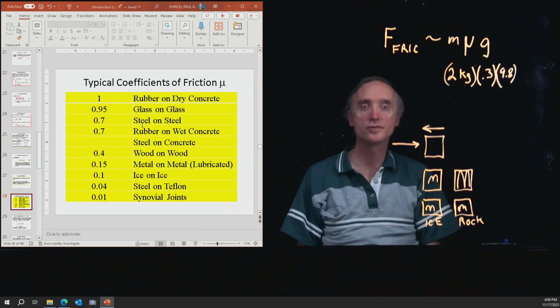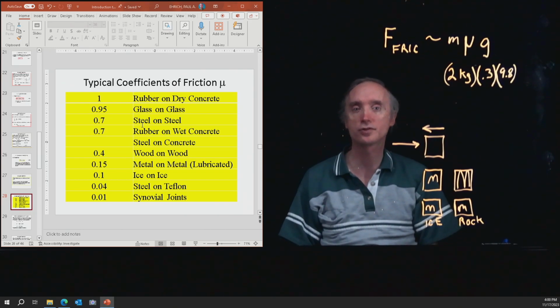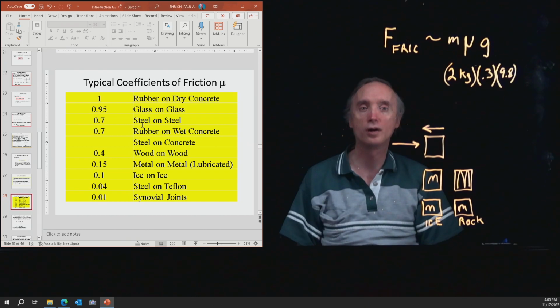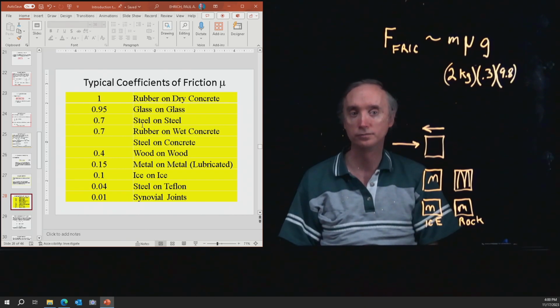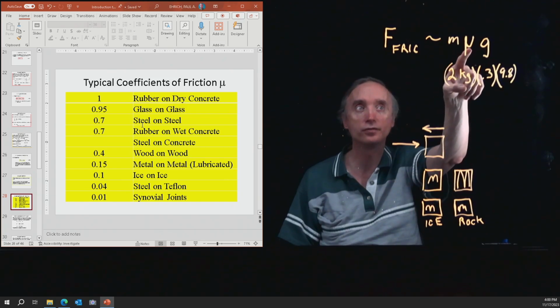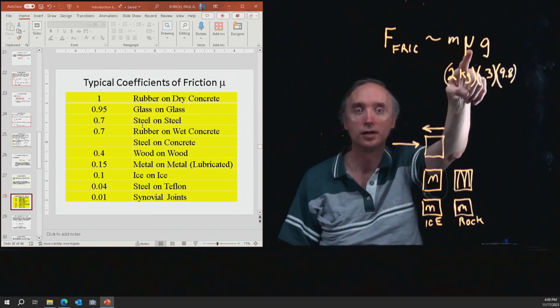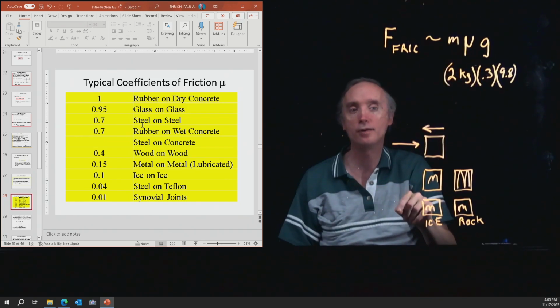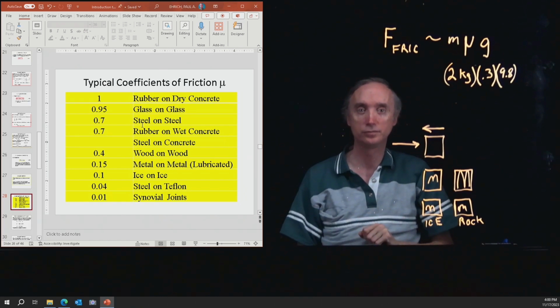So here are some typical coefficients of friction. Rubber on dry concrete. So think about your car, your rubber tires rolling on concrete. It has a coefficient of friction of 1. But look at what happens on a rainy day.